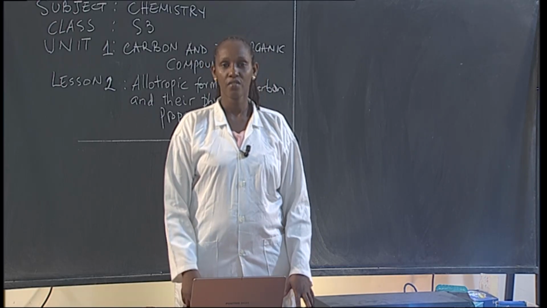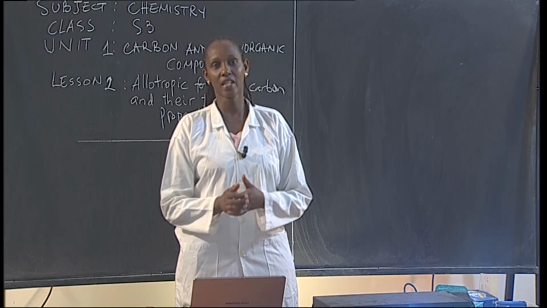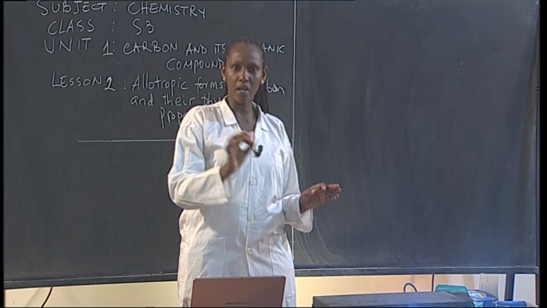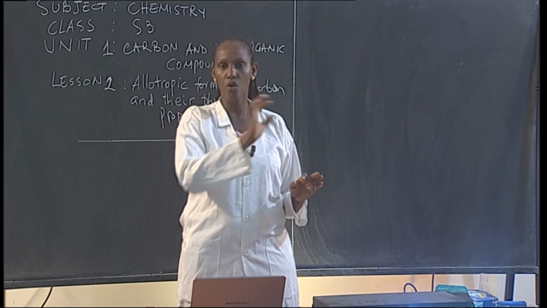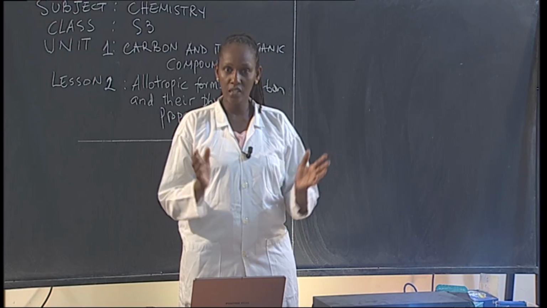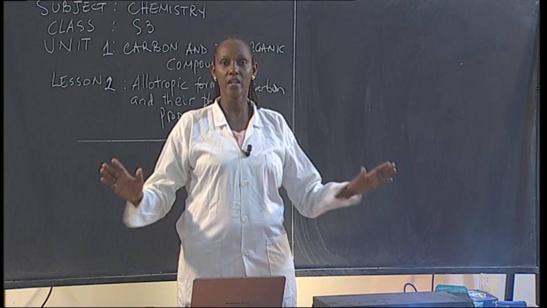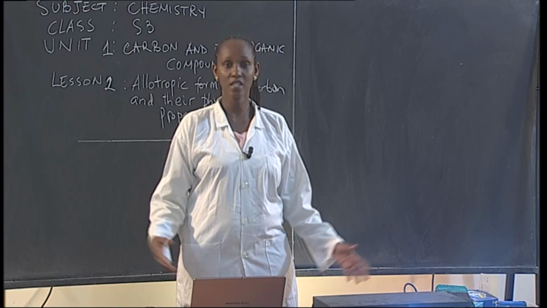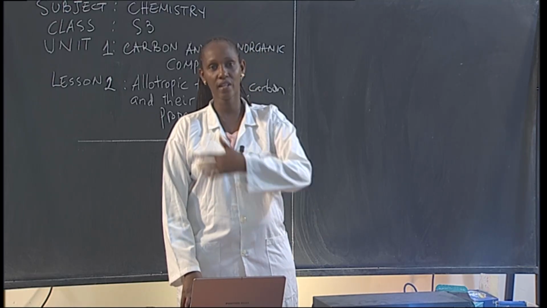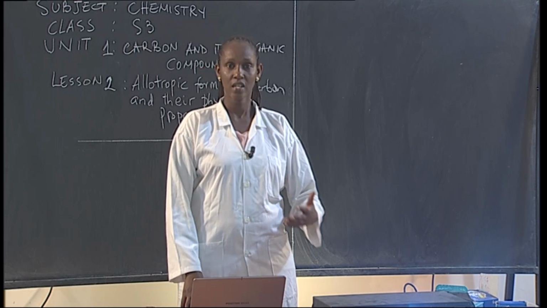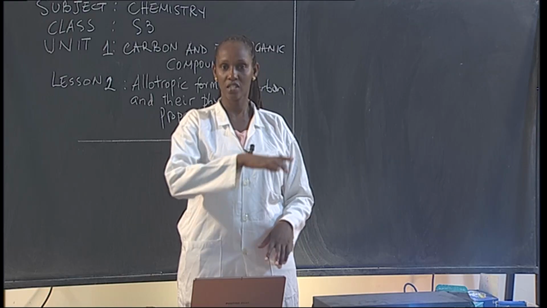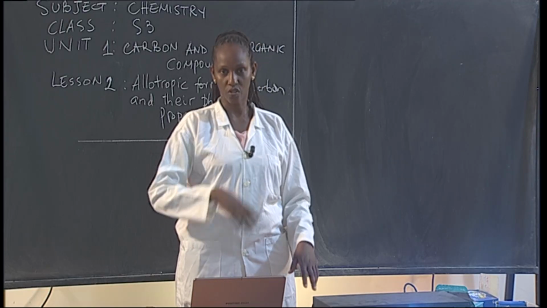We said for the case of diamond in the previous lesson that a carbon in diamond is bonded to four carbon atoms, whereby diamond does not have any free electron. So it is not a good conductor of electricity, because conduction of electricity, as we studied, is done by the free, delocalized electron.